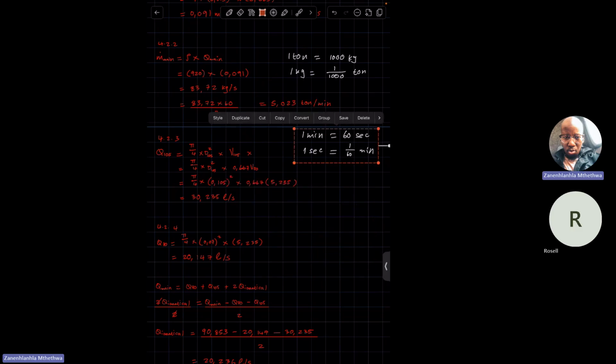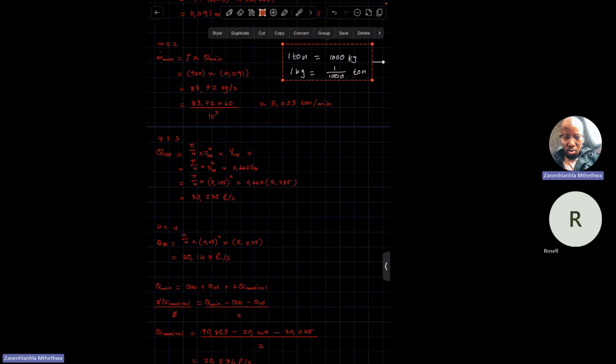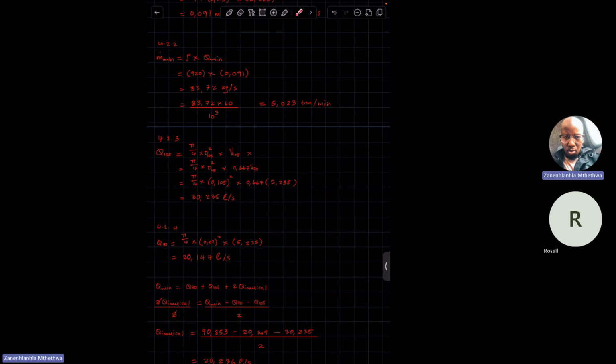And then of course, as you punch that in your calculators, this is what we get. And now it has been converted from kilograms per second to tons per minute.